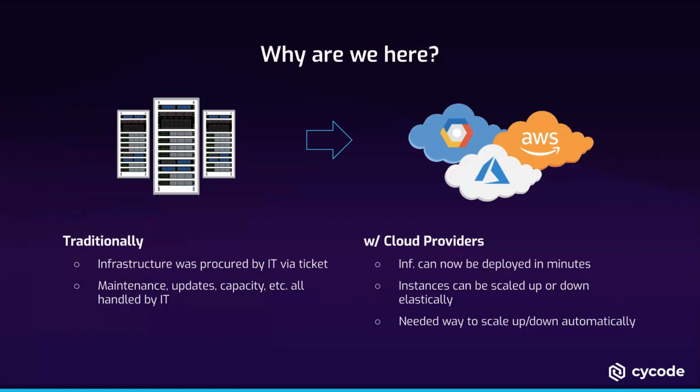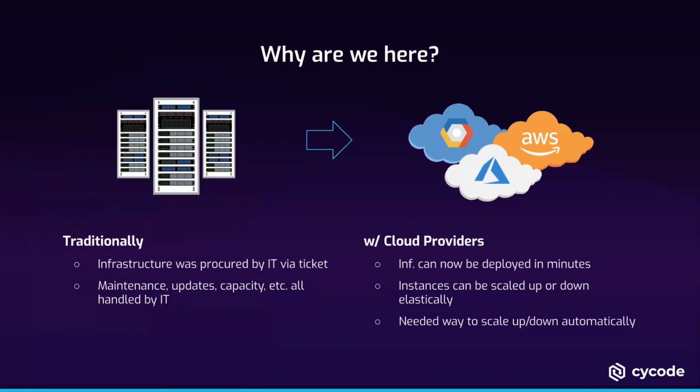That would be procured for you, and then racked and stacked. And then all of the maintenance and updates and capacity enhancements were handled in the same way by IT. Now, this worked more or less okay as long as you had long-lived systems that didn't change that often, but it was really not very flexible, and it didn't really match with modern application development.